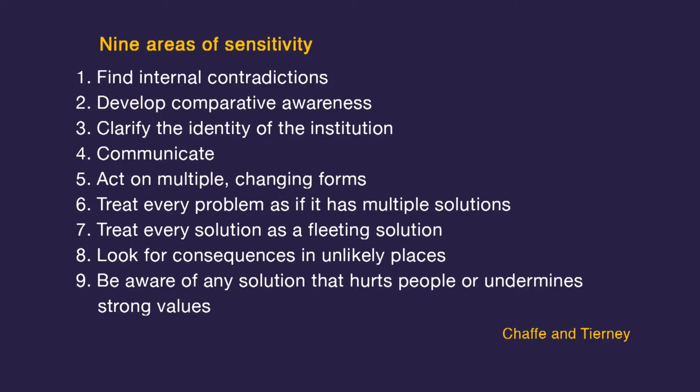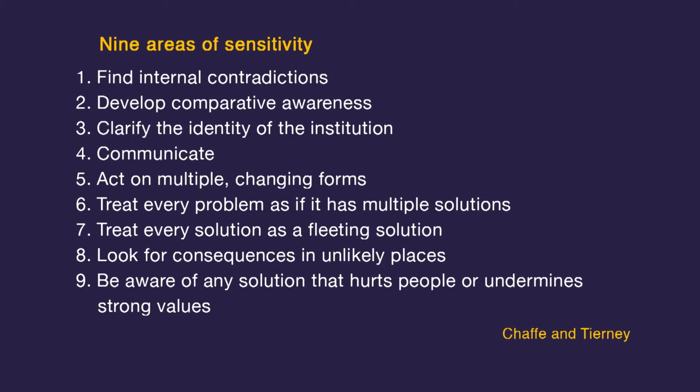Schroff and Tierney in the year 1988 identified 9 areas of sensitivity that provide a broad context within which to consider application of TQM. They are: 1. Find internal contradictions. 2. Develop comparative awareness. 3. Clarify the identity of the institution. 4. Communicate. 5.